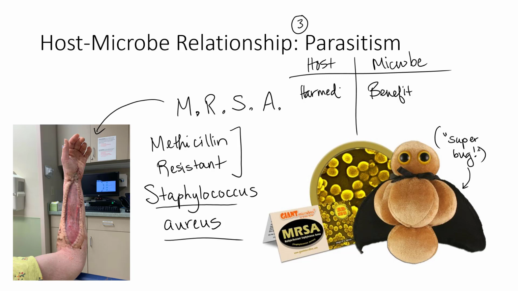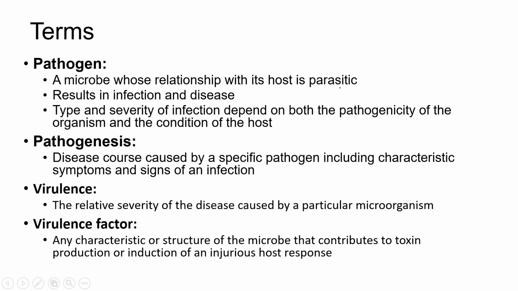I do want to mention some terms that you're going to see show up today. I'm just going to go ahead and give you the definitions so you can put those into your notes. The term pathogen refers to a microbe that is parasitic with its host and causes infection and disease.